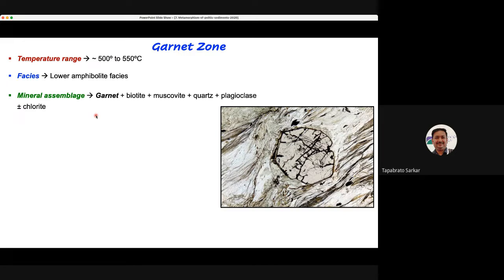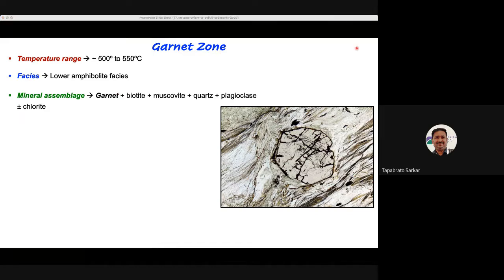As we discussed in the zone concept, that new mineral obviously appears, but the older minerals which were already there also continue to coexist. They may continue to coexist, or in most cases continue to coexist, along with the new mineral, which is garnet.